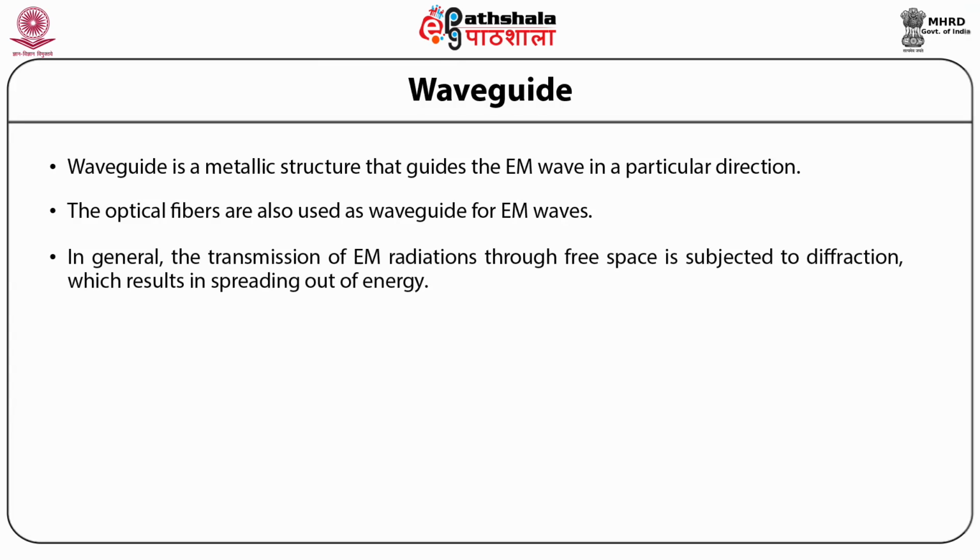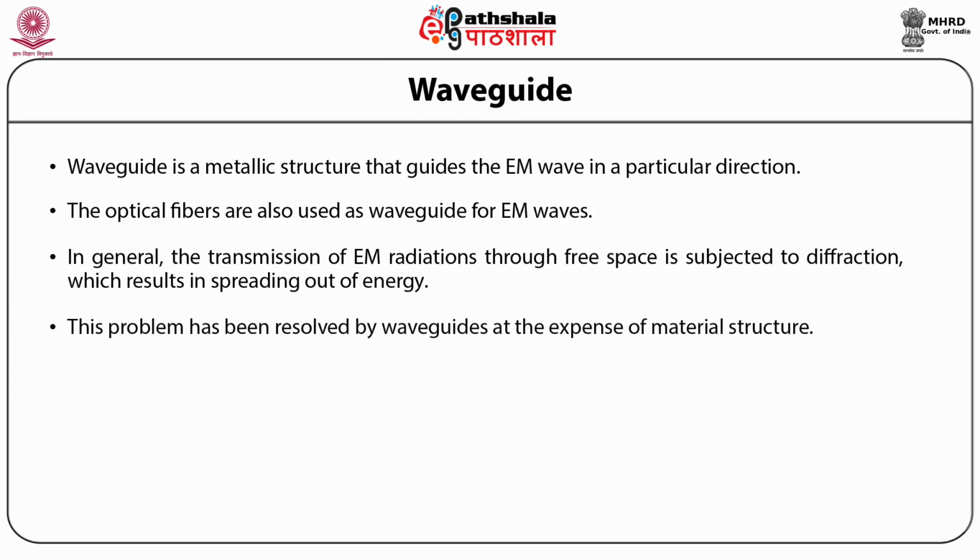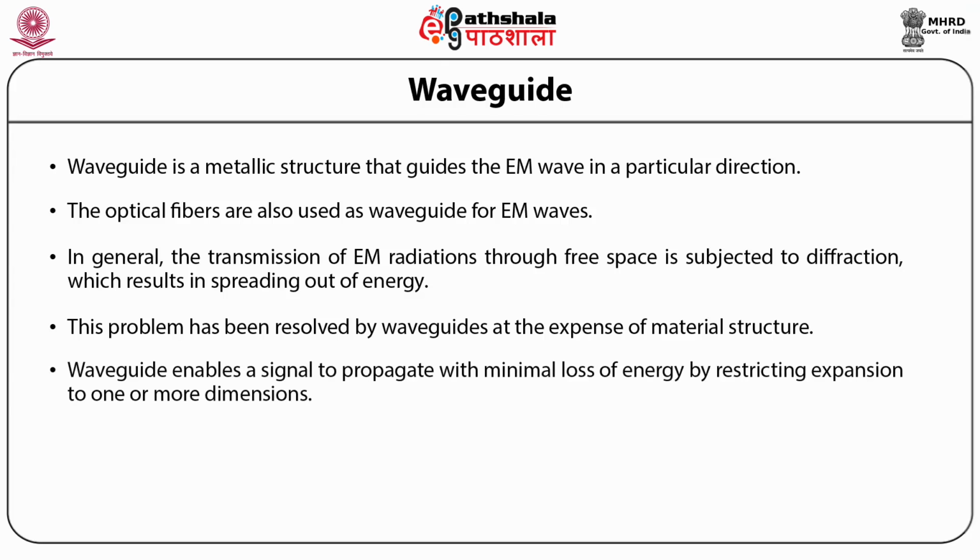In general, the transmission of electromagnetic radiation through free space is subjected to diffraction, which results in spreading of energy. This problem has been resolved by waveguides at the expense of material structure. The waveguide enables a signal to propagate with minimal loss of energy by restricting expansion to one or more dimensions.